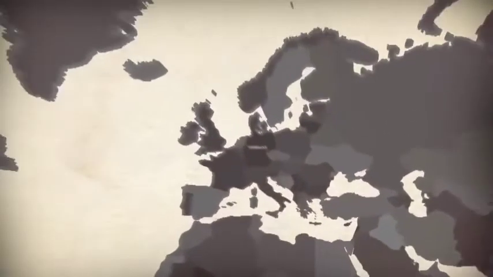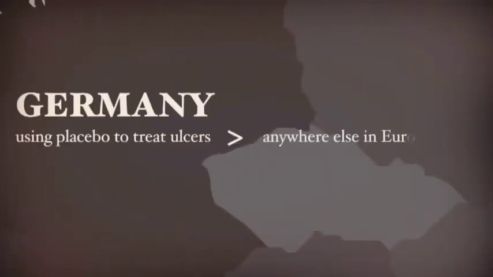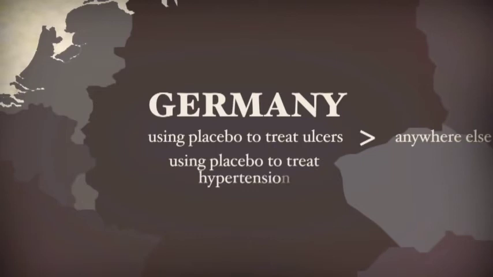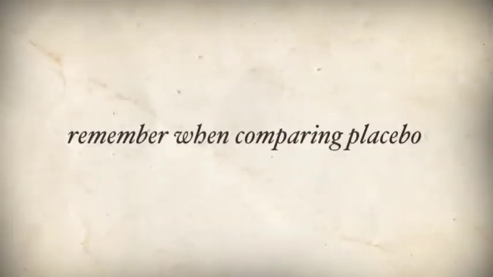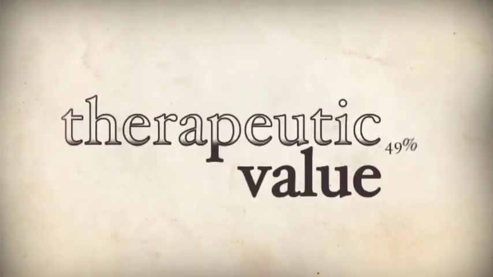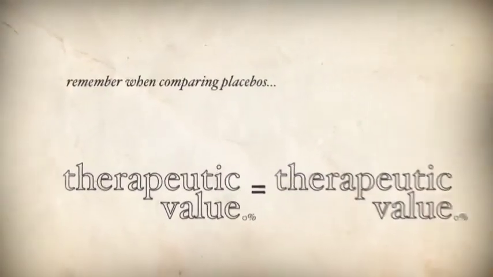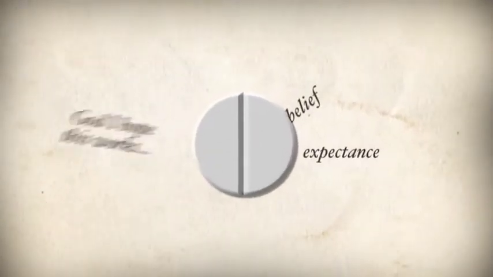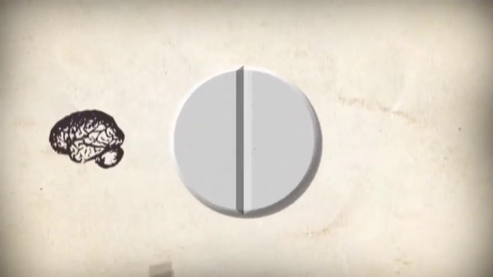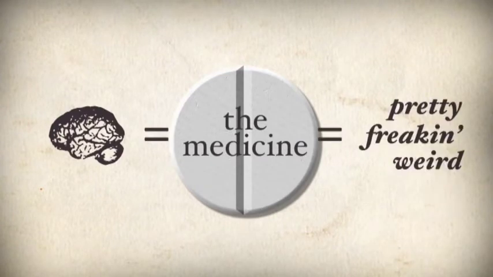For example, in Germany, using a placebo to treat ulcers works better than anywhere else in Europe. But using a placebo that treats hypertension doesn't work nearly as well as it does for its neighbours. Now remember that all of this is about comparing things that both have nothing medically effective in them, which goes to show that a placebo isn't about what's in it, but about the beliefs that we load onto it. Our minds create the medicine, and that is pretty weird.